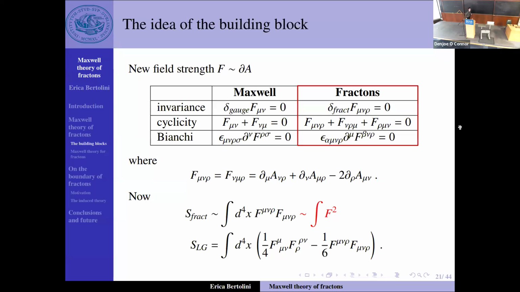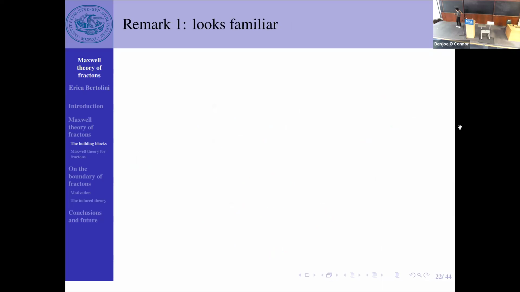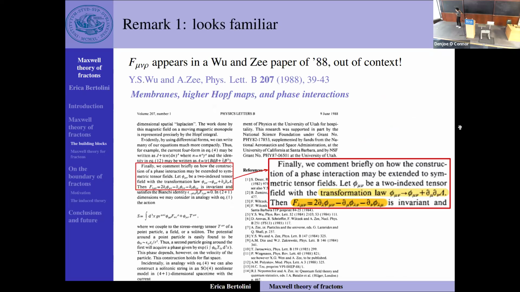I note this because in the literature you always see that fractons are Maxwell-like models. And from this idea, we indeed notice that we have an S squared term. This is a curiosity, and the person responsible for this remark is sitting here in this room.